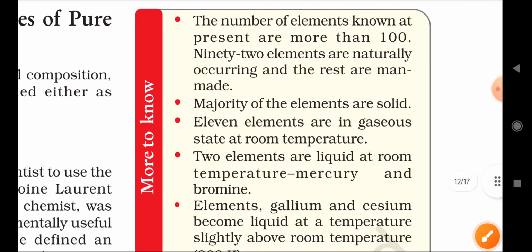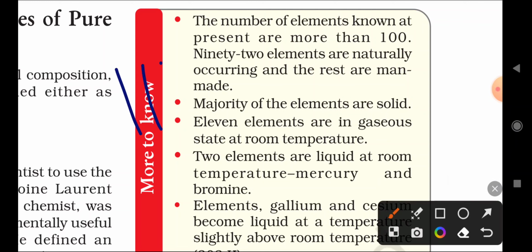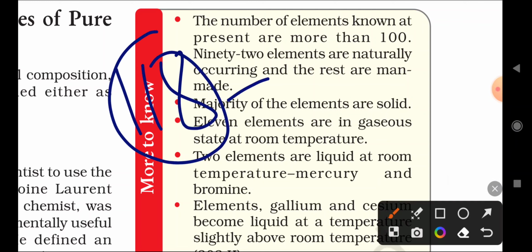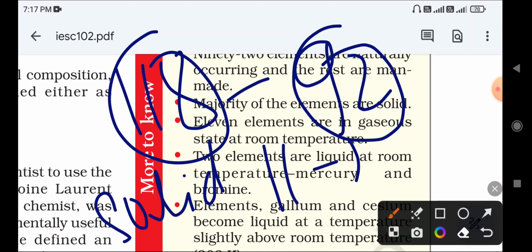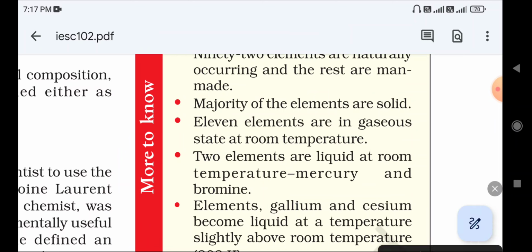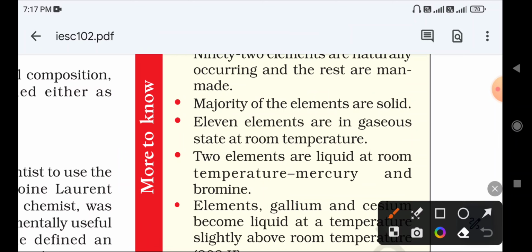Okay, in total how many elements are there? Total 100 elements. In them how many are naturally occurring? 92. Most of them are solid, right? How many elements are in the gaseous state? 11 elements are in the gaseous state, right? How many elements are liquid at room temperature? One is bromine, another is mercury, right?